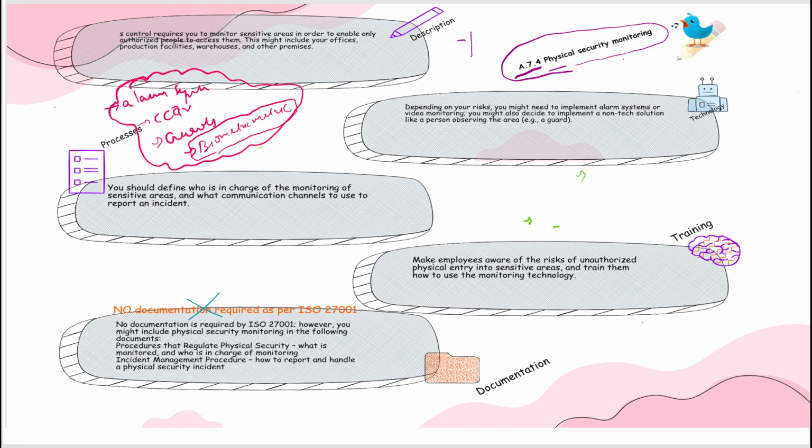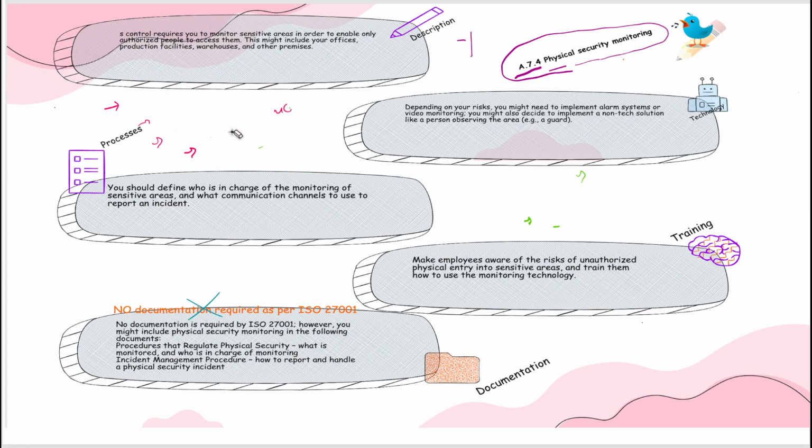Now coming to what kind of processes the company can have to address this requirement. As per ISO 27001, there is no mandatory requirement to have a documented procedure as of now, but you should define who is in charge of monitoring of sensitive areas and what communication channel to use to report an incident. So two elements are very important.